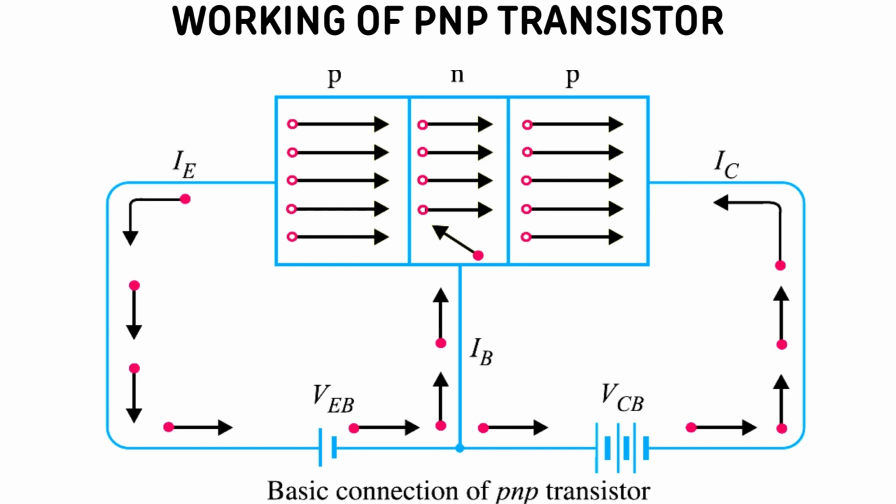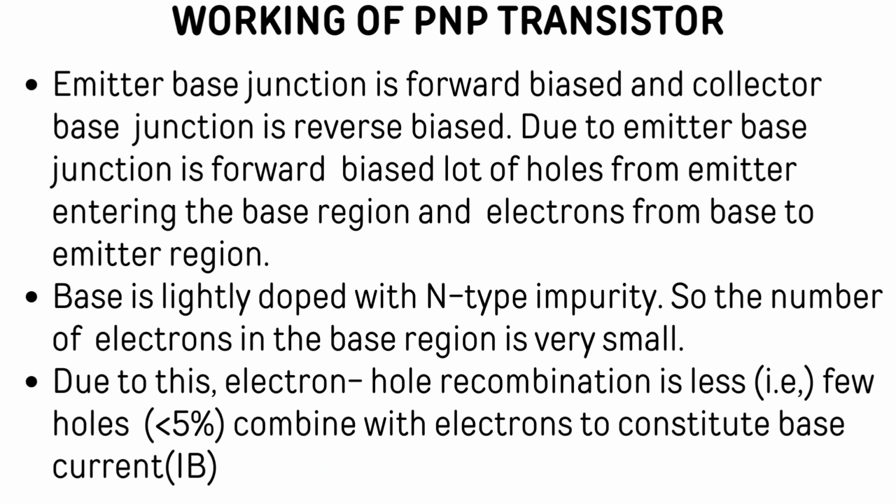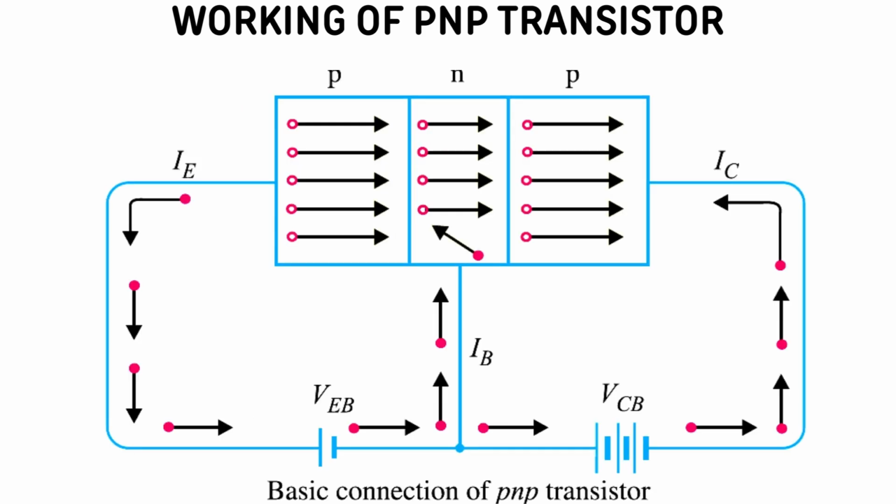Due to that, emitter base junction is forward bias. Once emitter base junction is forward bias, the positive repels the holes from the p-type terminal, whereas positive attracts the electrons.